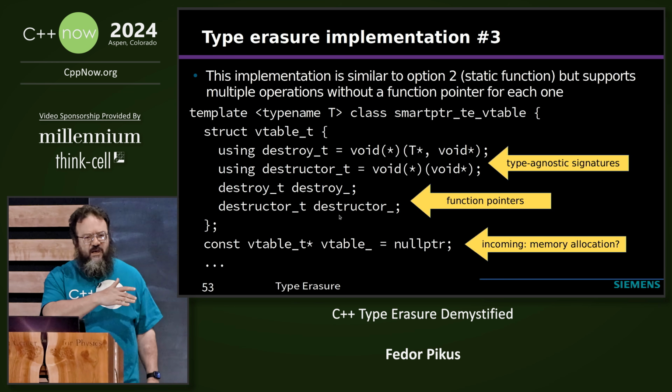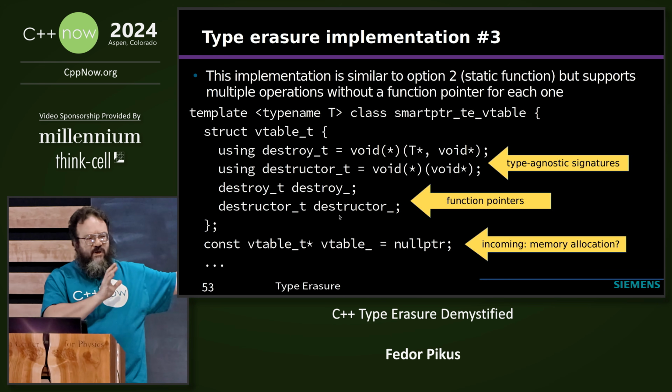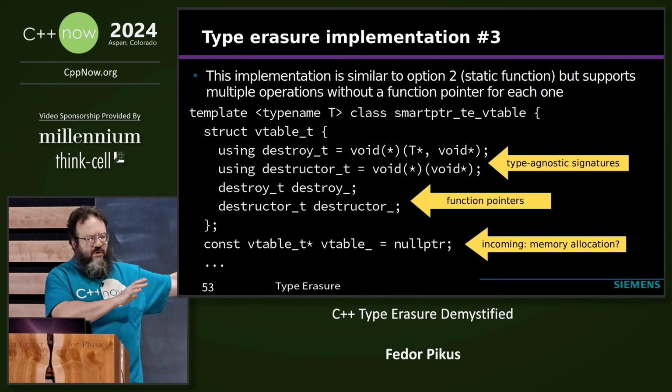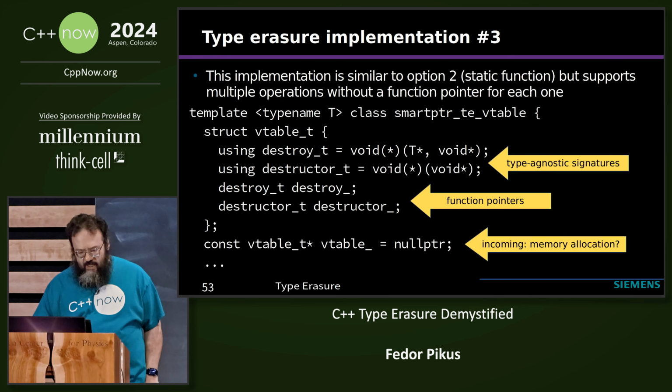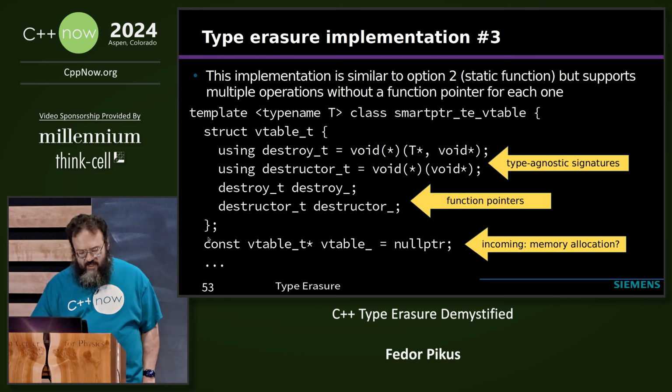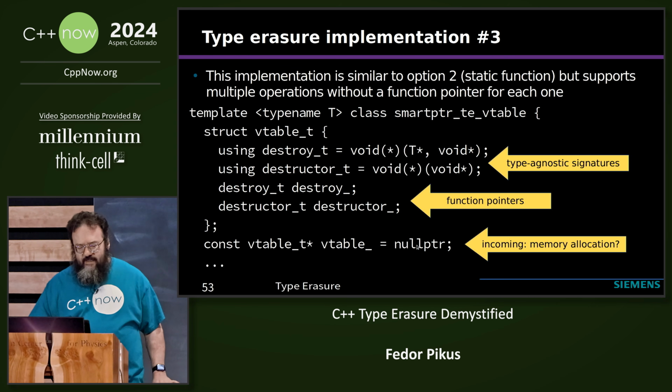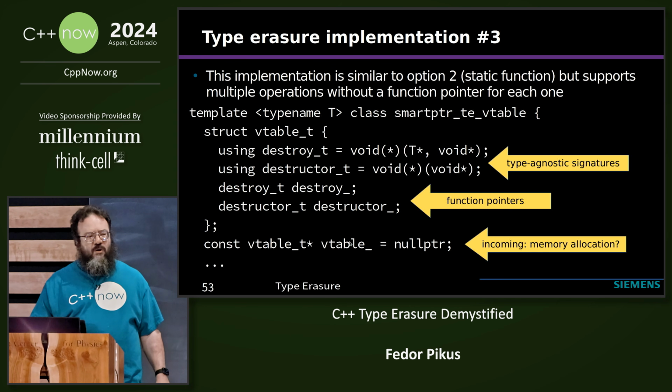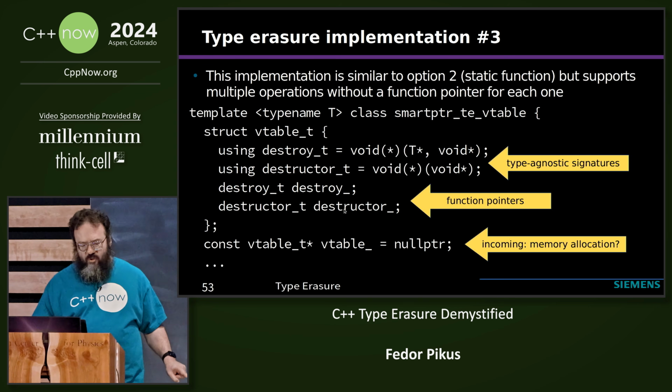If I wanted copies and so on, there would be more of these. I'm going to focus only on two; more than two doesn't fit on the slide. I have types for them, but they're function pointers. So that's the nested type. Inside my class, I have a pointer to an object of that type. Let's initialize it to null for now. Every time you see something like this, you're thinking, okay, memory allocation is about to happen, so I'm going to new one of these and hook it up to here. No, I'm not.